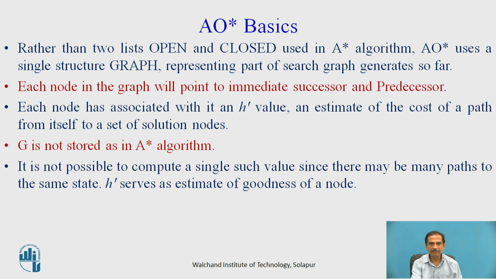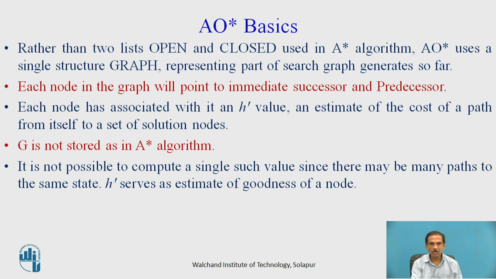Each node in the graph will point to its immediate successors and predecessors. Each node has an association with the h dash value, the estimate of the cost of the path from itself to the set of solution nodes.